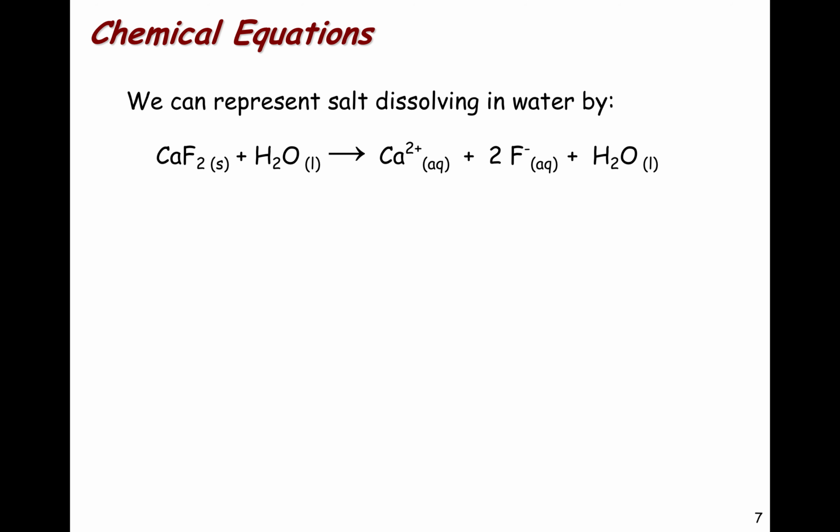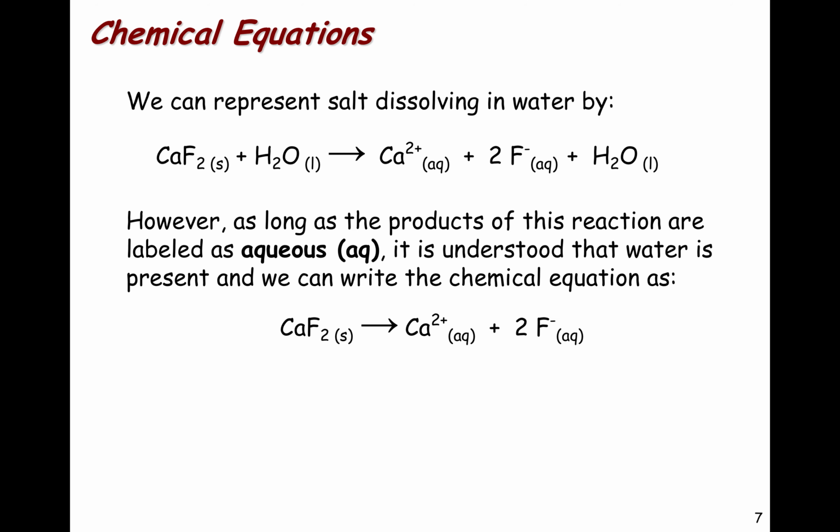So what you actually end up with in solution are calcium 2+ ions that are then separated from the 2 fluoride ions, and then also you have the water, which is acting as the solvent. This is a typical reaction for any ionic compound, and we'll be doing this quite often.